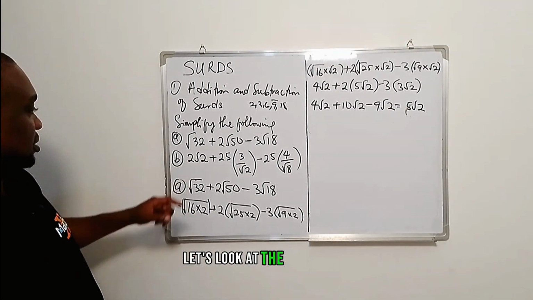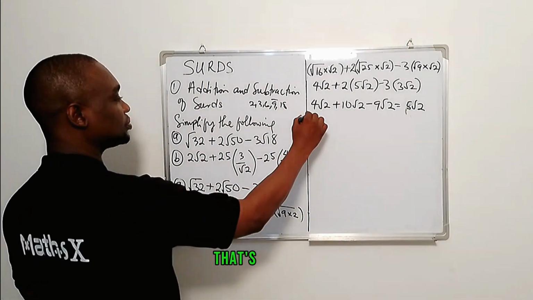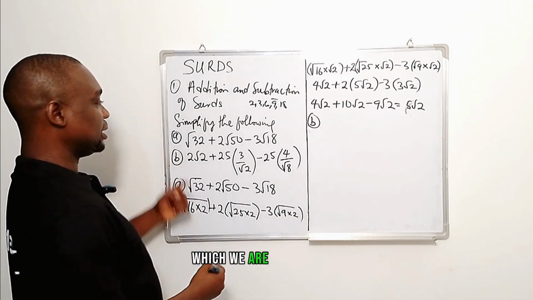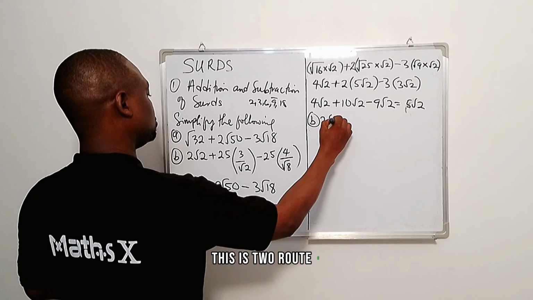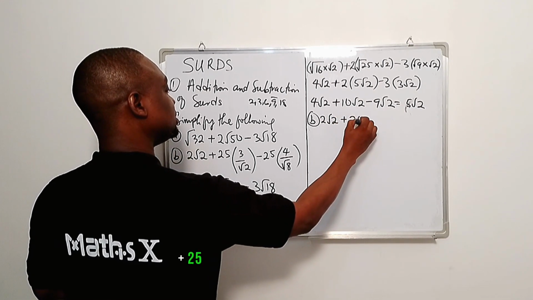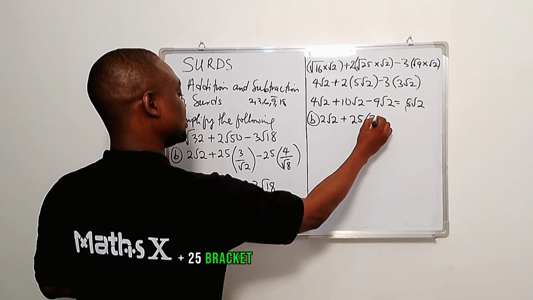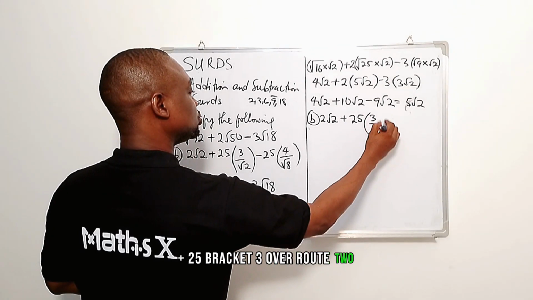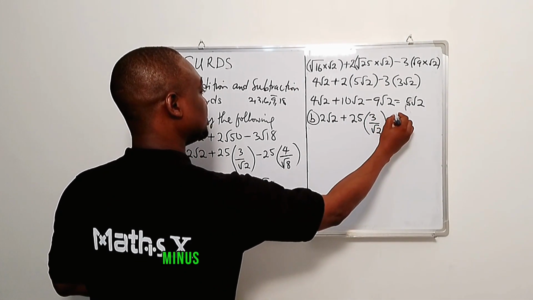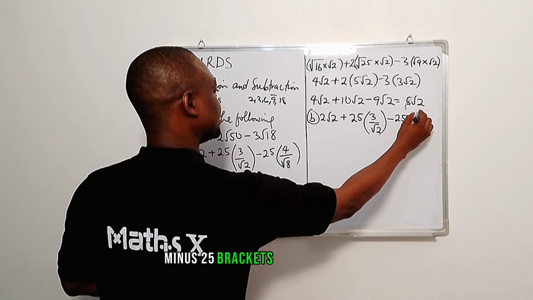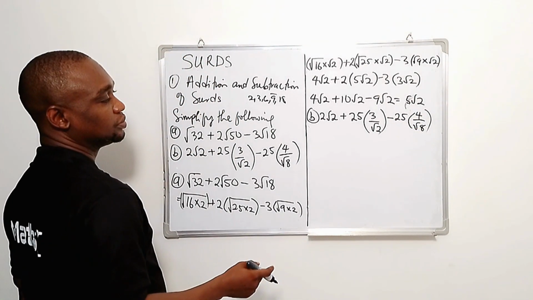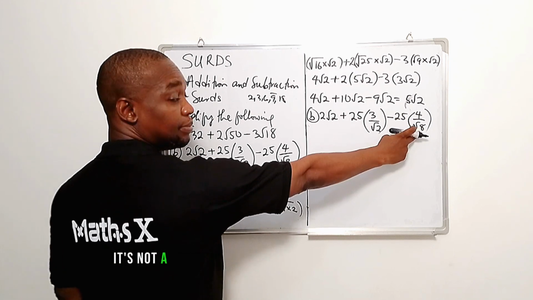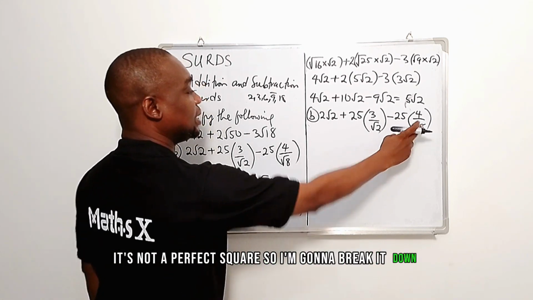Let's look at the second one, the B part, which we are simplifying. This is 2 root 2 plus 25 bracket 3 over root 2 minus 25 bracket 4 over root 8. For the root 8, it's not a perfect square, so I'm going to break it down.